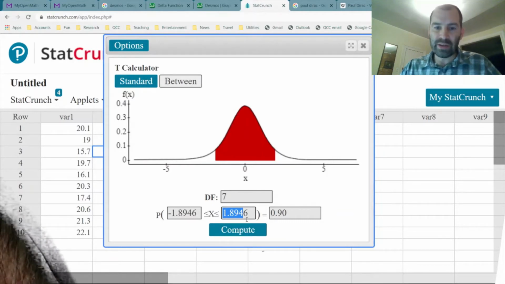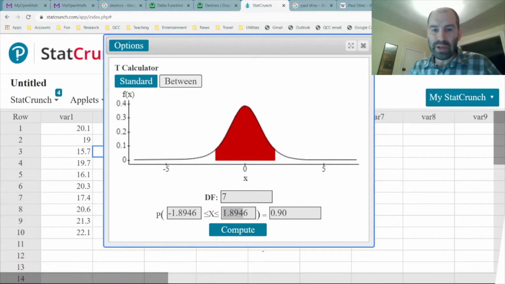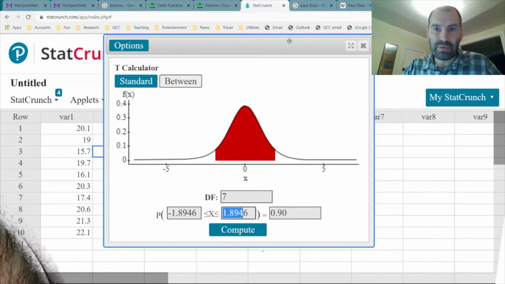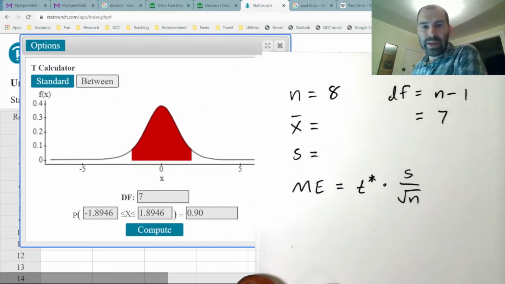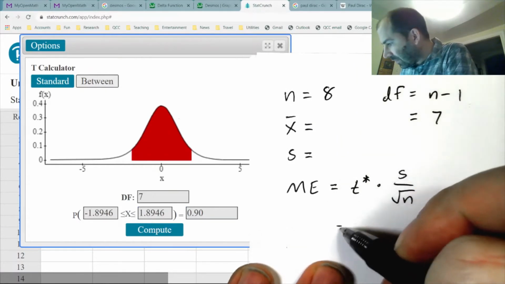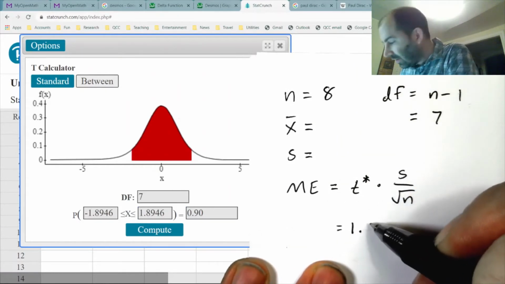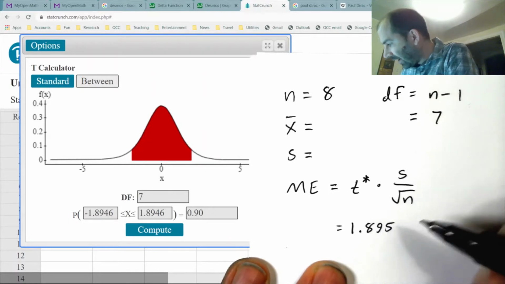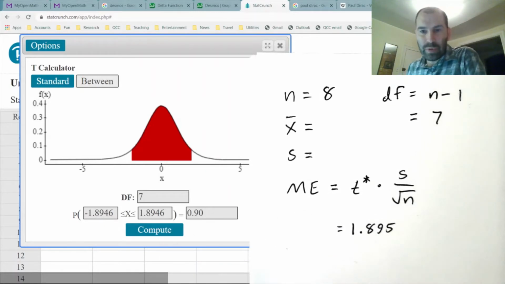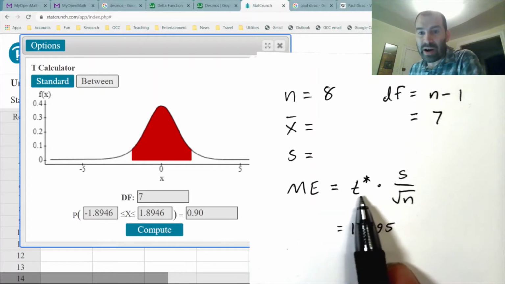I'll just round that to 3 decimal places. I'm going to round that to 1.895. That's our t star.